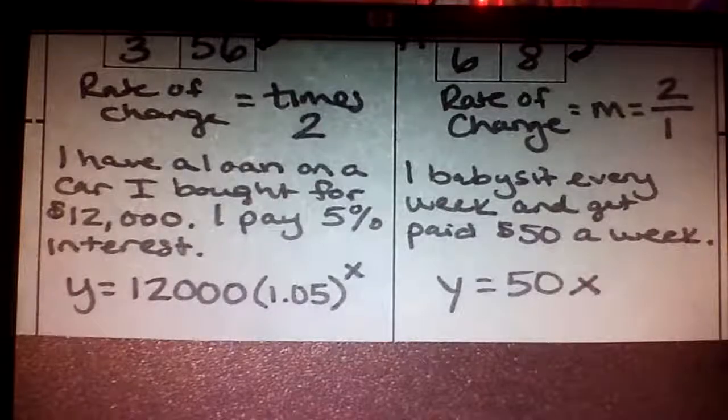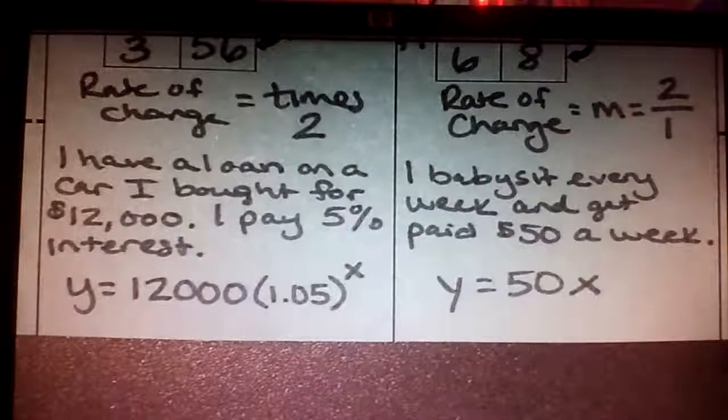Okay, so you're paying interest, so that means you're paying over what the original was. Your original was always at 100%. You're paying 5% interest, so you're technically paying for the entire car plus 5, which makes it 105%, written as a decimal 1.05.